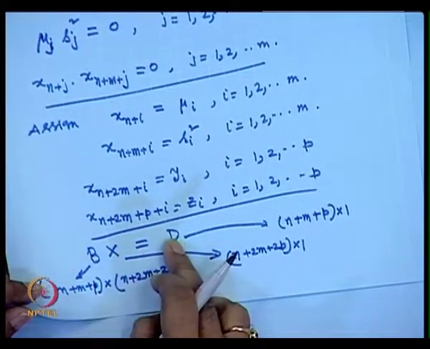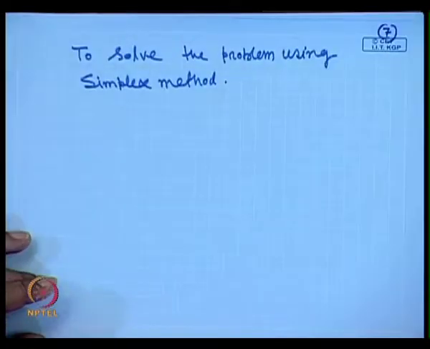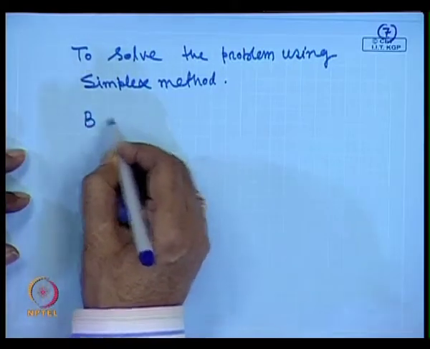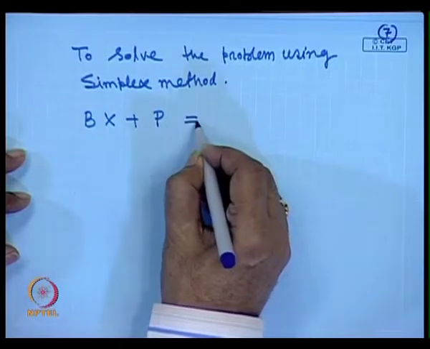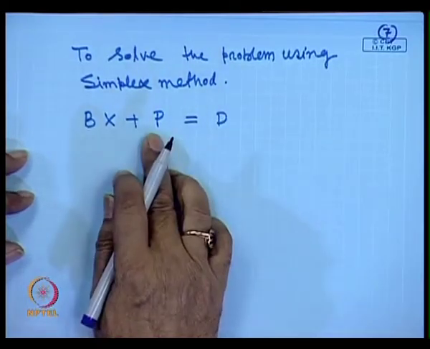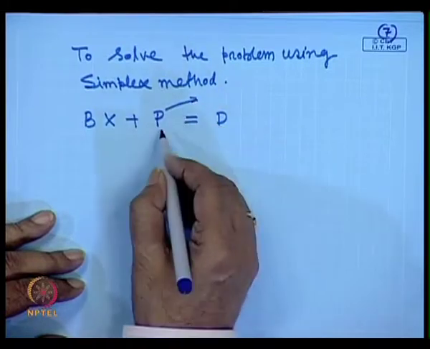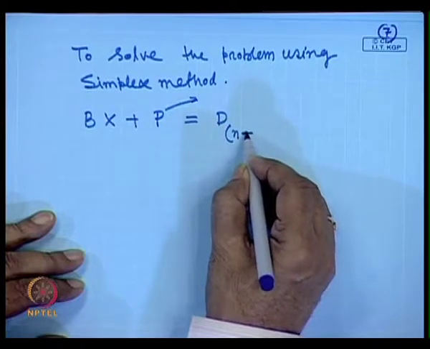I can make the right hand side of the equation d always positive by some manipulations. Agree? So, our B into x plus p is equal to g. So, I have introduced some artificial variables which is a vector, the dimension of this one is the same as the dimension of d.